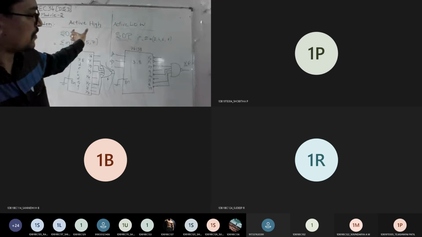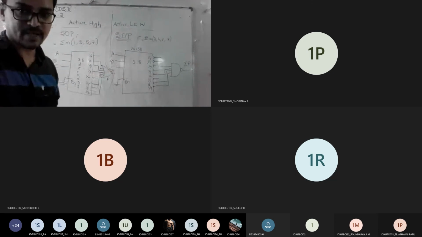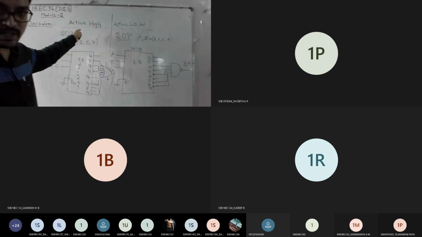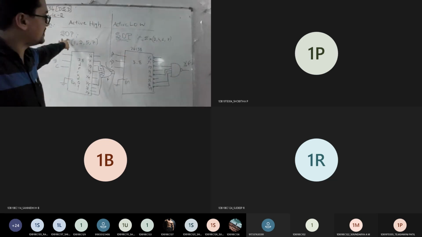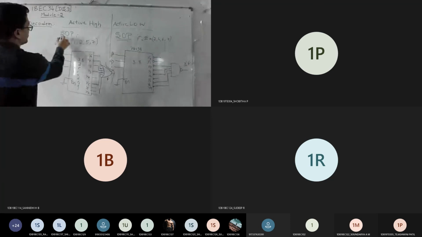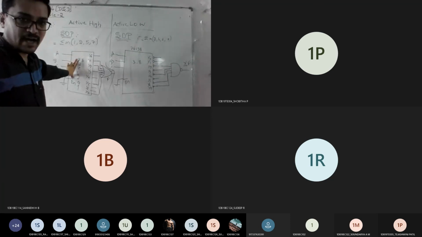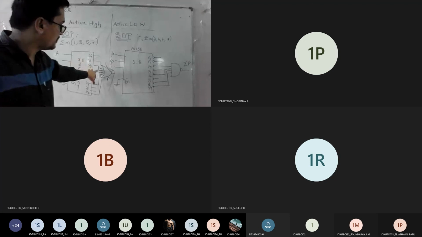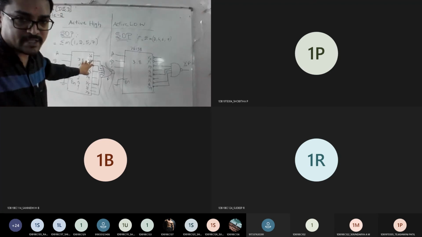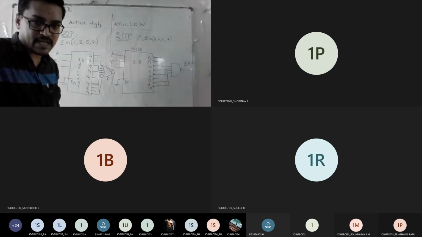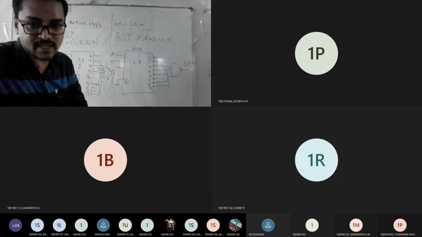Make a heading for your reference. It will be easy for you to remember if it is like a difference table. So take the heading as active high in one column, active low in another column. In that, take the first heading only SOP. I talk only about SOP. If the question is like this, then you need to implement the IC diagram and make sure the outputs are not complemented, because in general we know there are two 3:8 ICs, the normal IC and the 74138 IC.